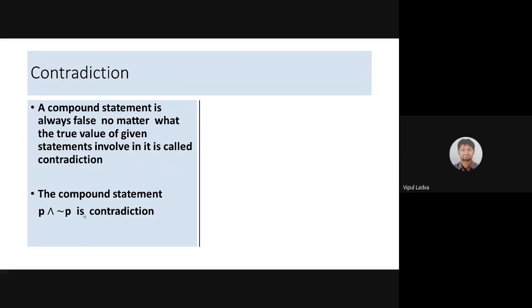If we look to prepare the truth table of this statement, अब देखिए, ये compound statement है ना? This is one of the compound statements. क्यों भाई? क्योंकि इसमें एक से ज्यादा statement मैंने involve किए, उसमें कोई एक logical operator मैंने involve किया हुआ है. So if I'm trying to find the truth table of this compound statement, जिसमें कि एक ही statement है, so possibility दो ही रहेगी, TF. अगर ये T है तो the negation of P will be false. अगर ये false है तो negation of P will be true.